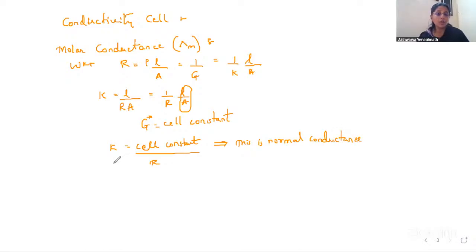Now let's talk about molar conductivity, which is denoted by lambda M. How do we define it? It is the conductivity per unit concentration. So I can write lambda M is conductivity, kappa, per unit concentration, by C. It means that molar conductivity is conductivity per unit concentration.